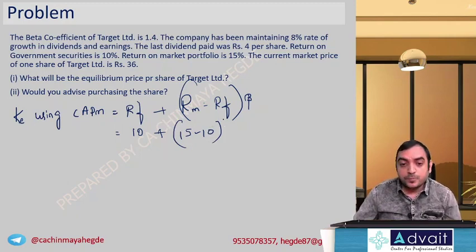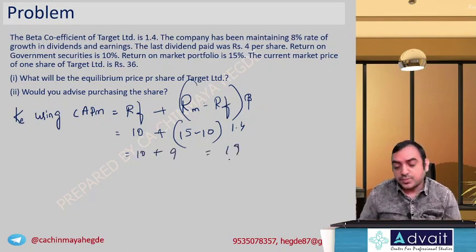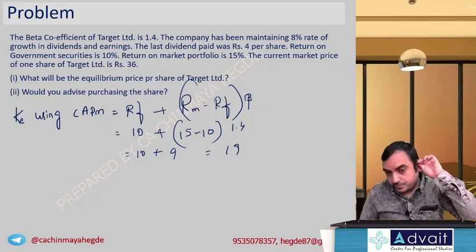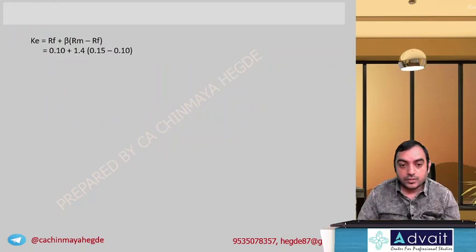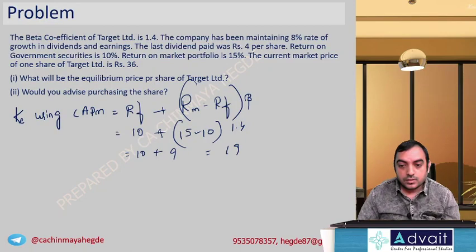Beta they have given, which is 1.4. So 10 plus 5 into 1.4 is 7. So 10 plus 7 becomes 17.